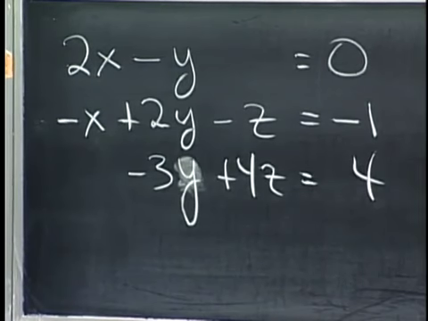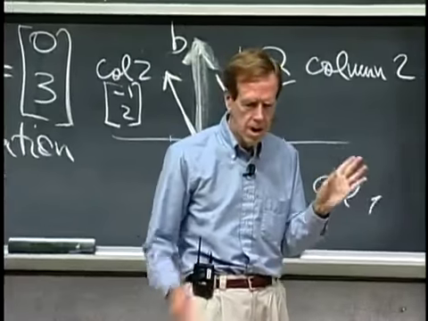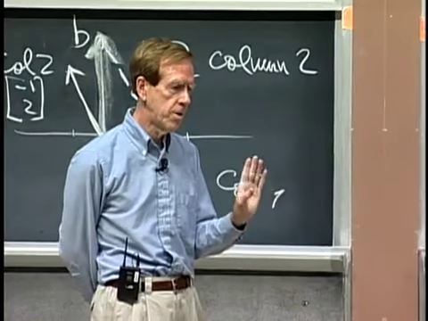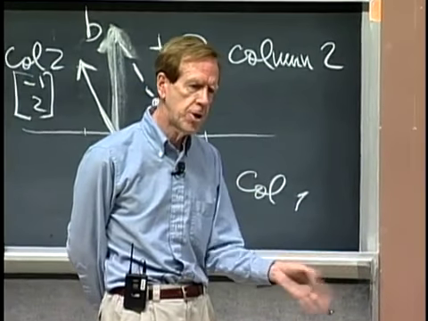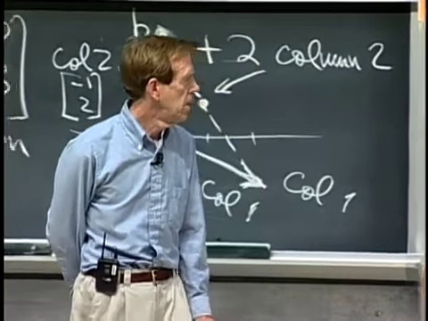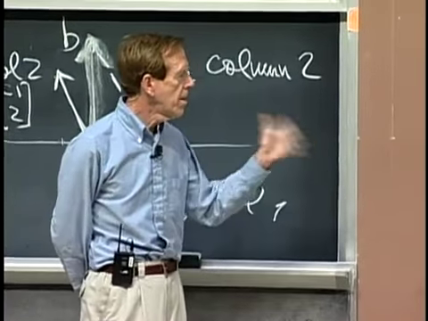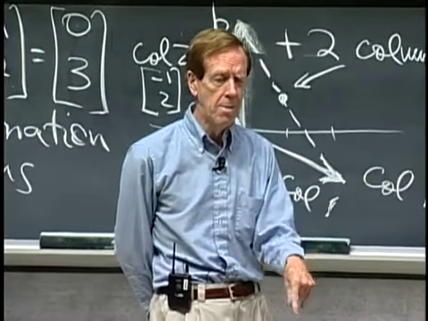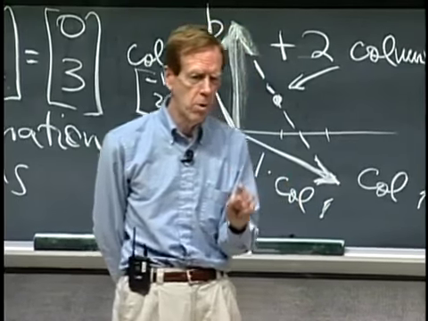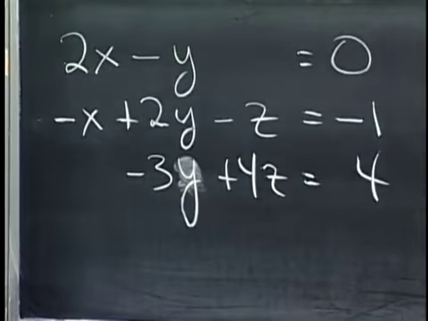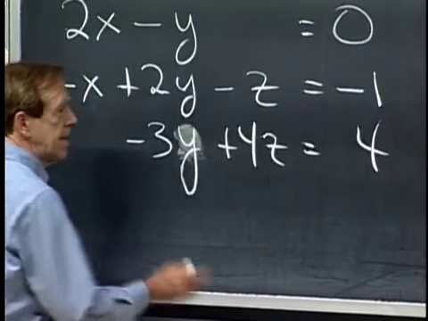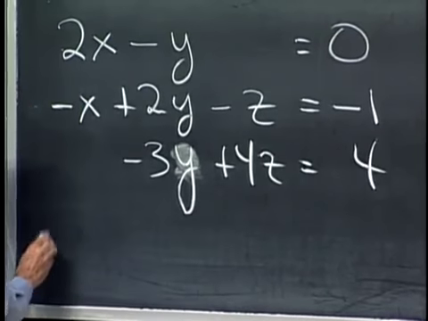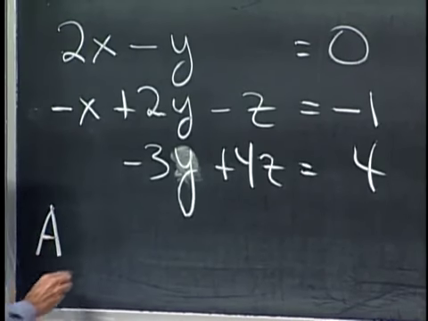And I don't have a solution yet. So I want to understand the equations and then solve them. So how do you understand them? The row picture is one way. The column picture is another very important way. Just let's remember the matrix form here, because that's easy. What's our matrix A?